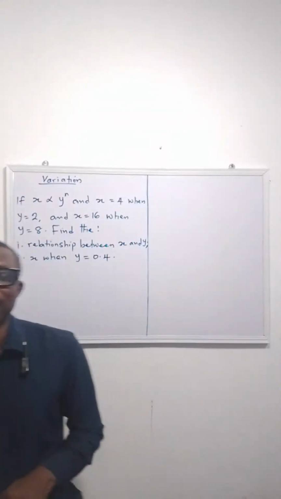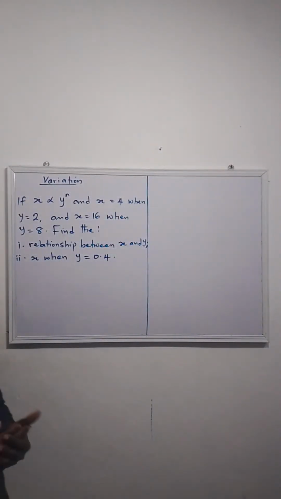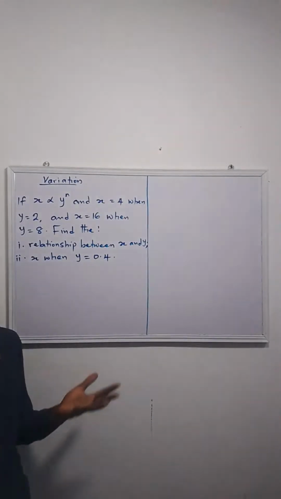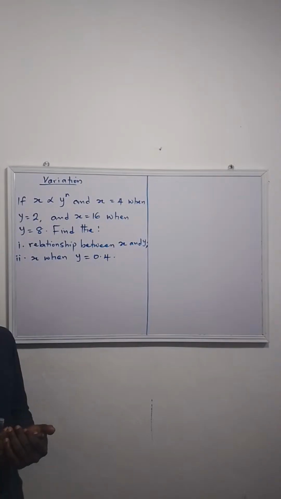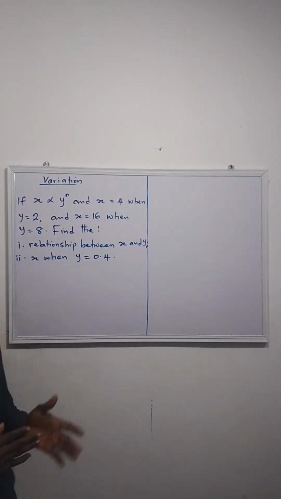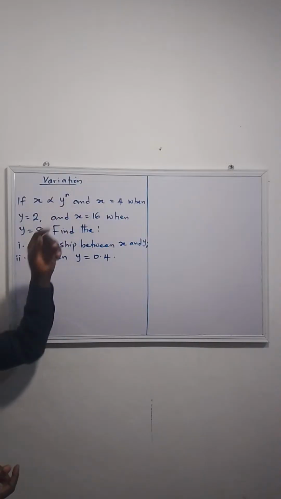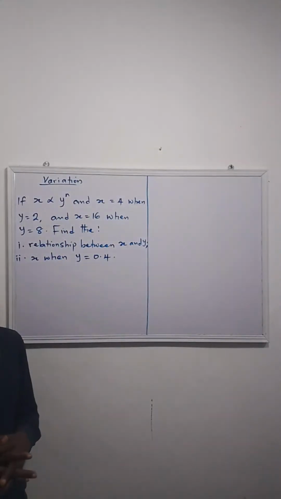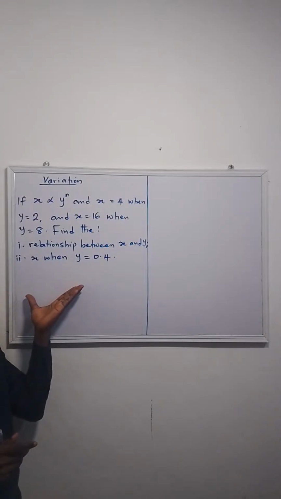All right. I'm very sure when students see this type of question, they begin to ask, what type of question is this? Is it direct or indirect? Okay, so this question is direct variation. I know you begin to ask yourself about this n that we have here. Let's see how this problem is going to be solved here.